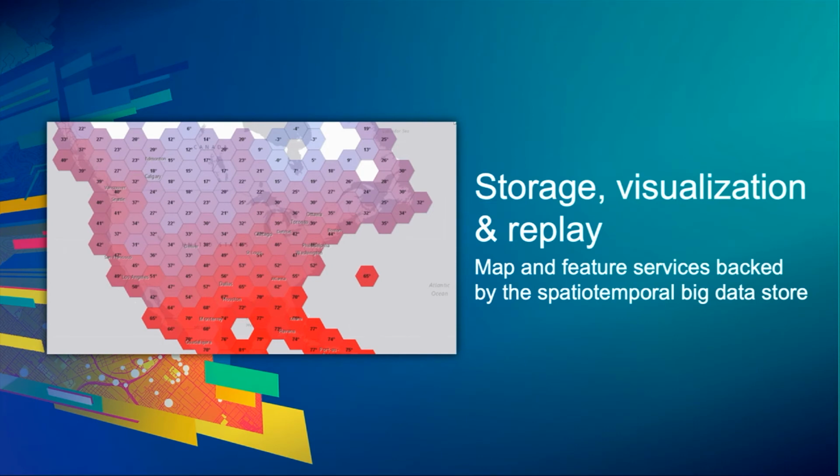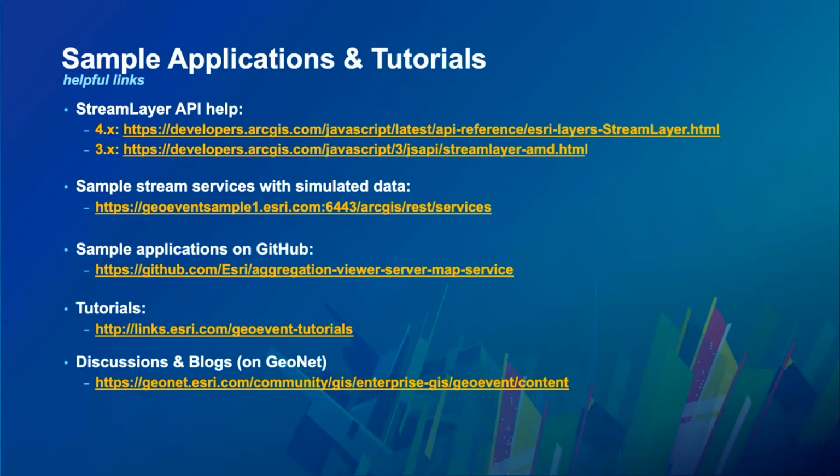The application we were showing is a very lightweight app. It's available here on GitHub. Or you can just search for the aggregation viewer, or Esri aggregation viewer server map service. I'm sorry, it's such a long name, but it's just a lightweight thing.